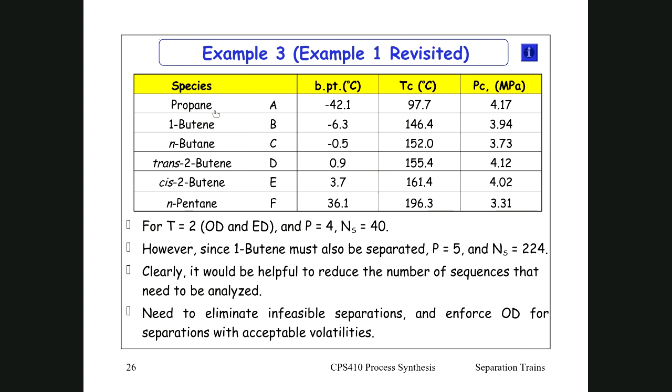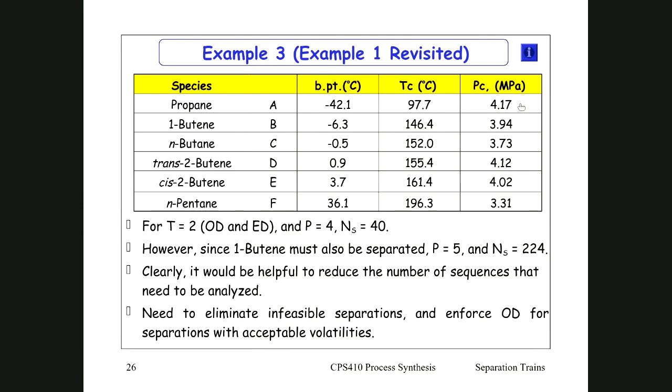This is the example that we were talking about: propane, then 1-butene, which is the next most volatile component, then N-butane, then cis and trans butenes, and then pentane. Now, a thing I wanted to point out: previously we had that little logic diagram that said how you can design the pressure and the temperature of distillation columns when you're doing ordinary distillation. Have a look at these critical pressures.